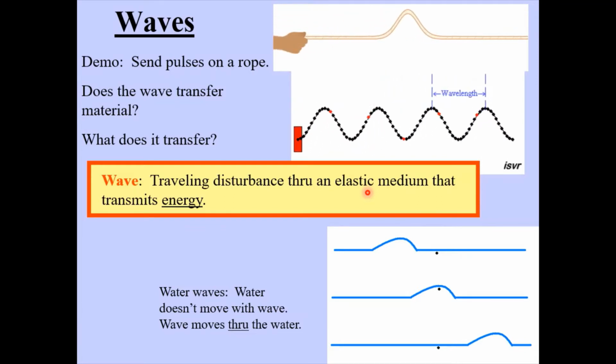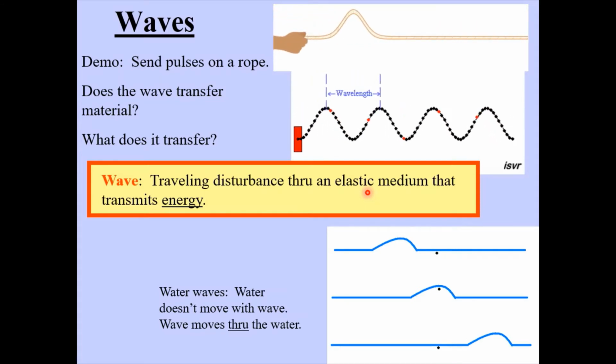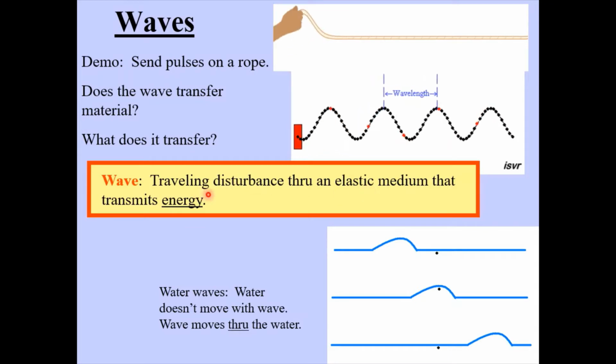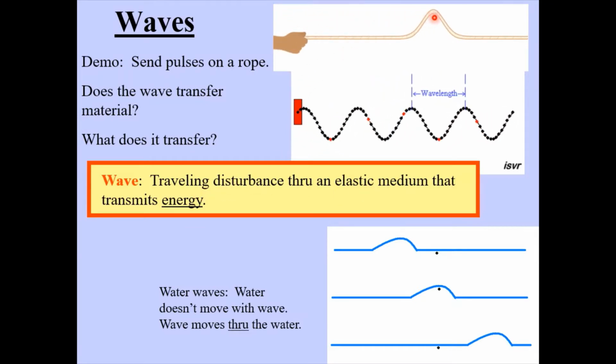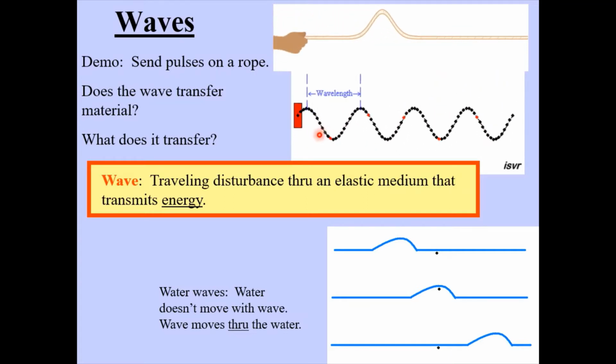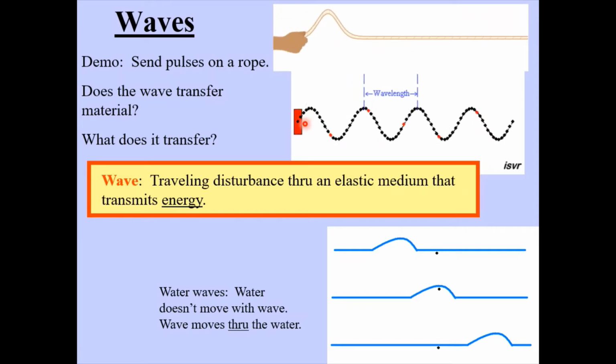So waves can travel through pretty much anything. They can travel through a liquid, solid, or even gases. The disturbance in this case is a single pulse. In this example here, the disturbance is a whole sequence of pulses that are sent down the wave at regular intervals.